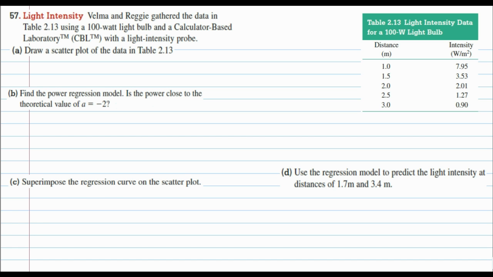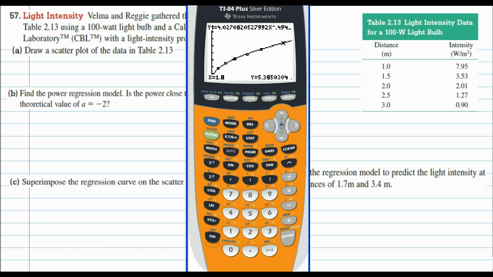Number 57, Velma and Reggie gathered the data in table 2.13 using a 100-watt light bulb and a calculator-based laboratory, or CBL, with the light intensity probe. First we want to draw a scatter plot of the data in table 2.13.